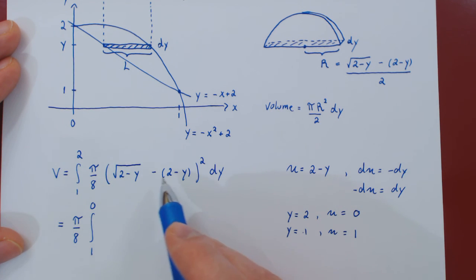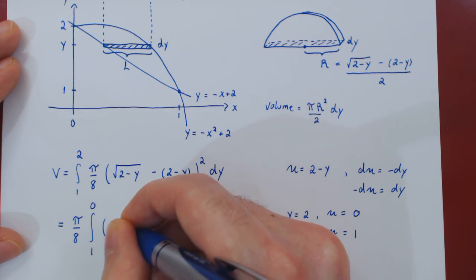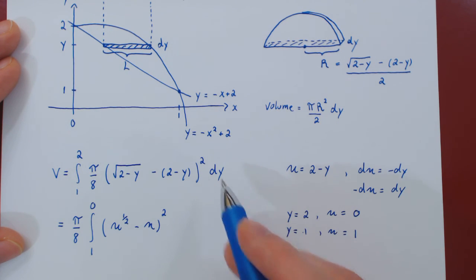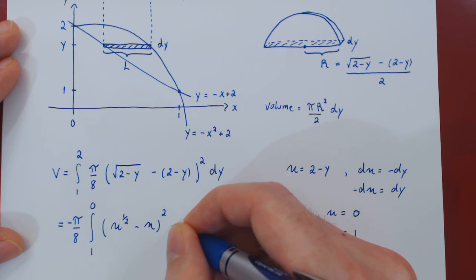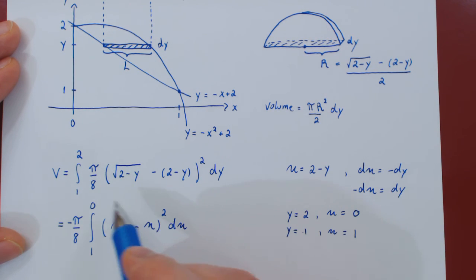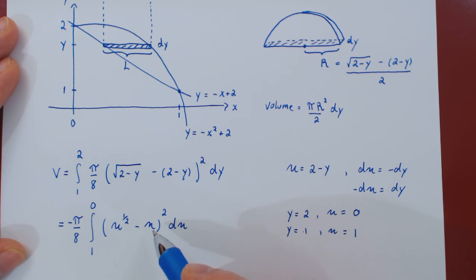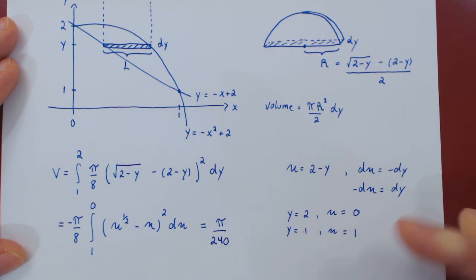This is now just the root of u minus u all squared. And the root can be written as a power of 1/2. And let's not forget that dy is negative du, and we can bring the negative up front as a constant multiple, and this becomes now a trivial integral. Expand this expression, you'll have powers of u, apply the power rule, then the fundamental theorem of calculus, and you will arrive at a volume of pi over 240. And that's it.